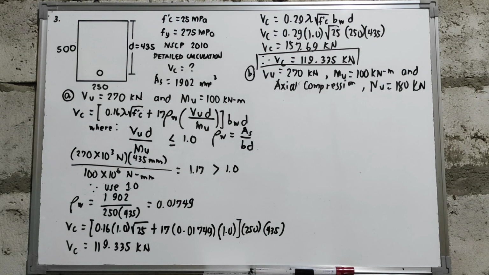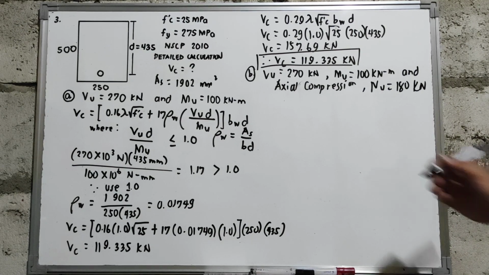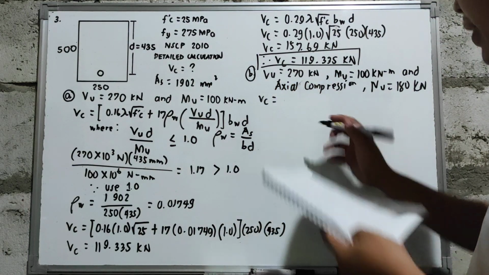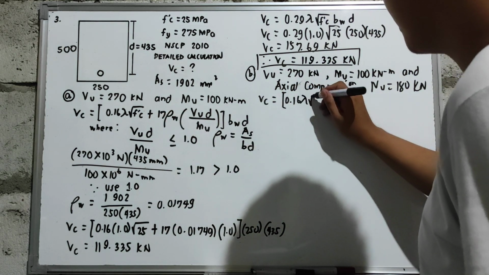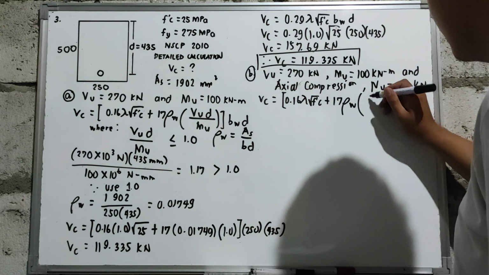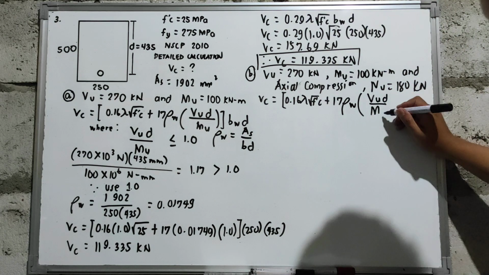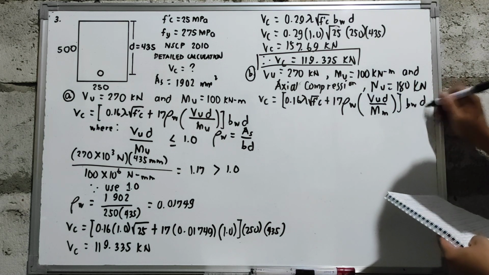So using detailed calculation, NSCP 2015, let us calculate for the value of your V sub C. So what will be the formula na gagamitin natin dito? So V sub C, so that is equivalent to, so kopyahin lang natin yung formula natin dito, 0.16 lambda square root of F prime C plus 17 yung steel ratio natin multiplied by VUD over, so mag-modify lang yung moment natin dito, multiplied by BWD.